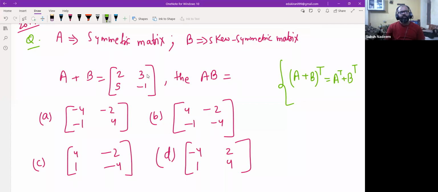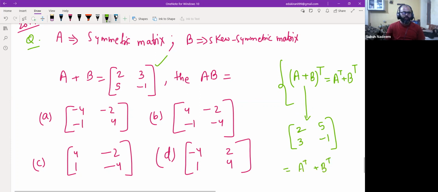So taking the transpose of A plus B is not a big task. If you take the transpose of A plus B, it will become the transpose of this matrix, that means 2, 5, 3, minus 1. You are taking the transpose of that matrix A plus B. Now that is equal to A transpose plus B transpose. This is what the property says, that the transpose of A plus B is the same as A transpose plus B transpose.